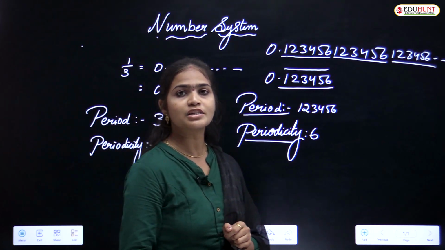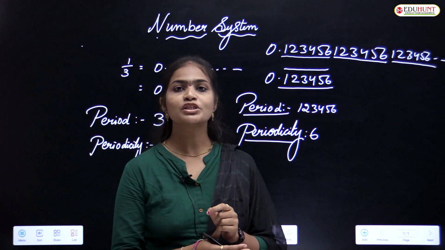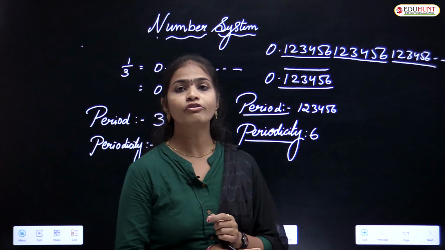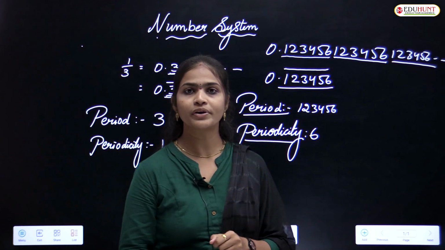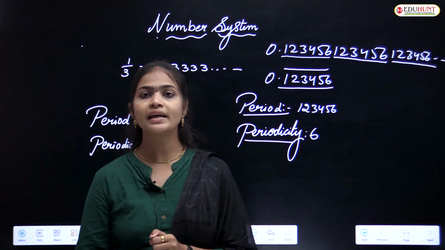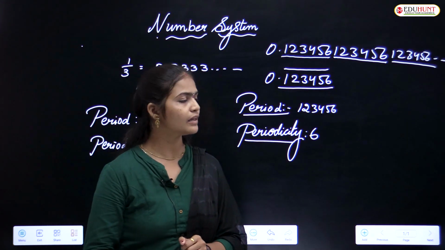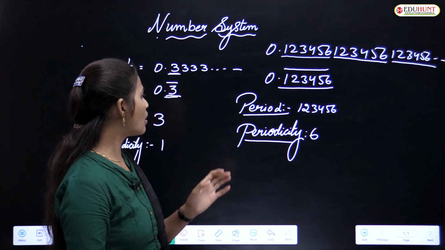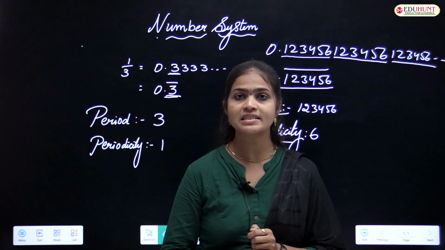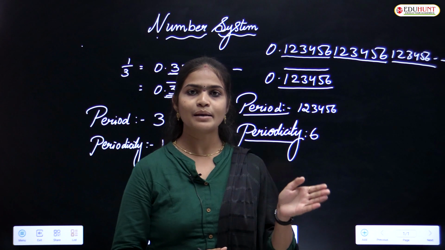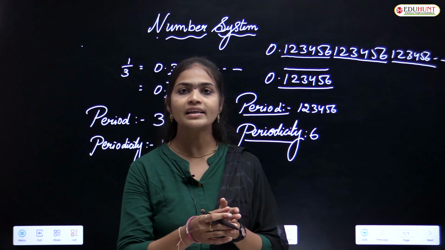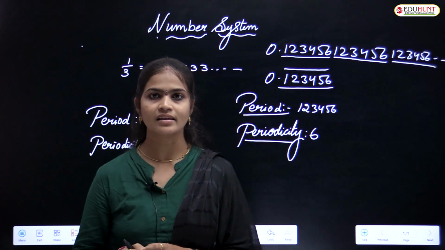Once again I am saying that rational numbers means a number which can be expressed in the form of P by Q, where P and Q are integers and Q should not be equal to 0. I told you the reason also. After that we can observe rational numbers in two forms: terminating decimals and non-terminating recurring decimals.